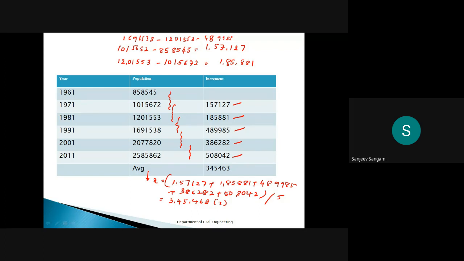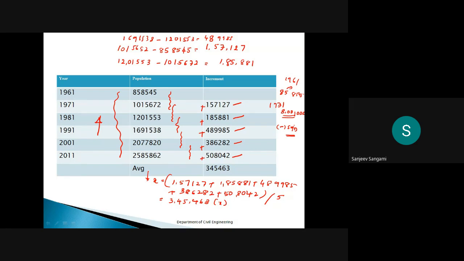It is an increasing trend, so these are all positive values only. Suppose the population decreased in 1971 to 8 lakhs, then that will be a minus sign.